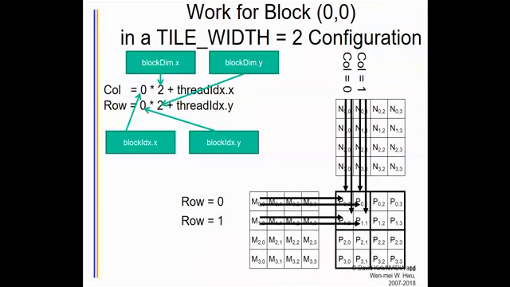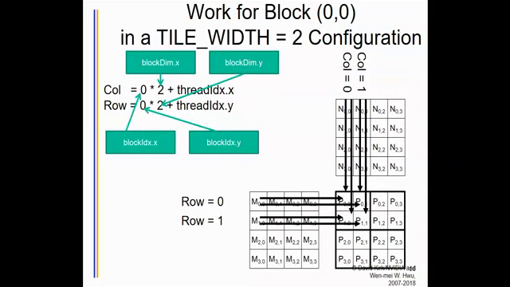And just like the image conversion, we're going to have blockDim.x times blockIdx.x plus threadIdx.x to generate that column number, right? And then we're doing the y version for the row index, right? This is exactly the same as what we had in the image conversion.